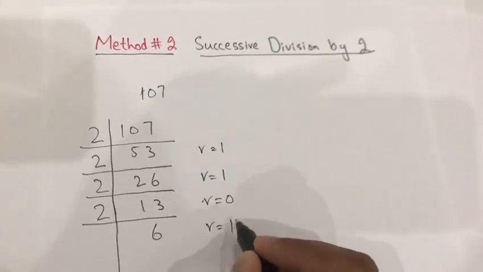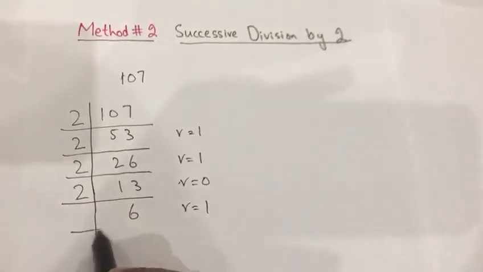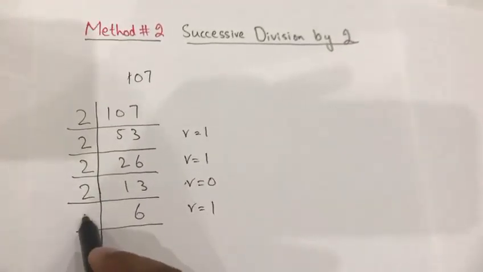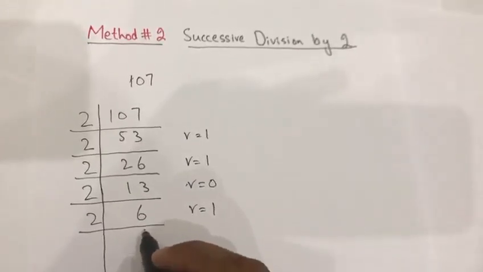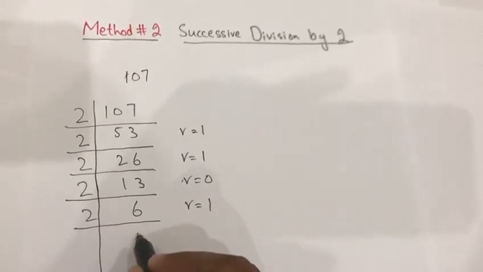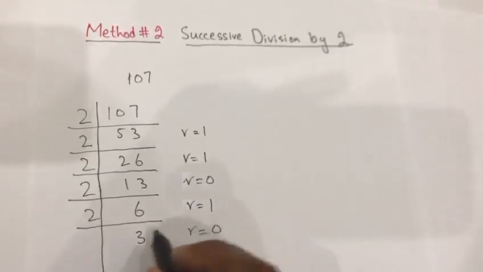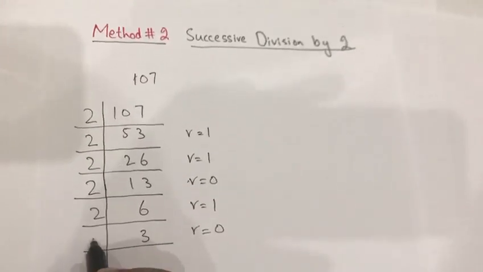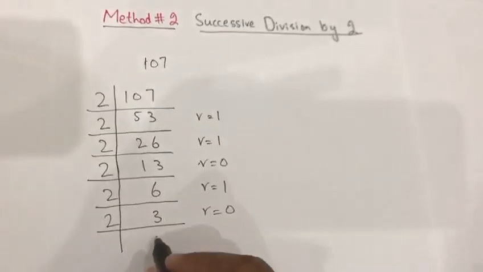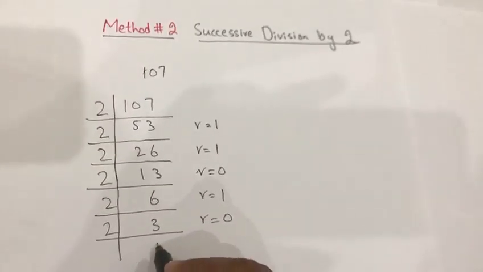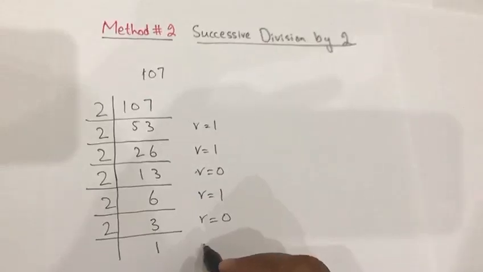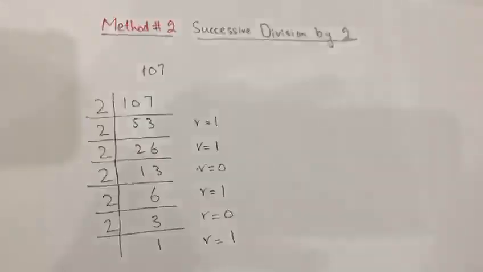Remainder will be 1. Again divided by 2, it will be 3. Remainder will be 0. Divided by 2, it will be 1. Remainder will be 1.